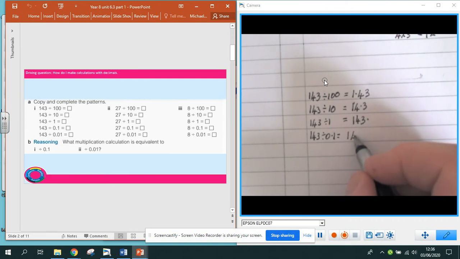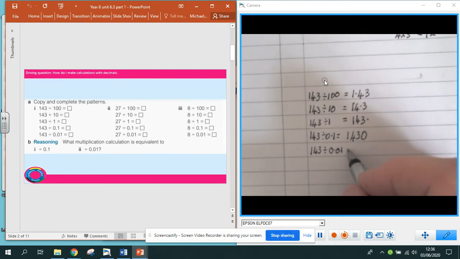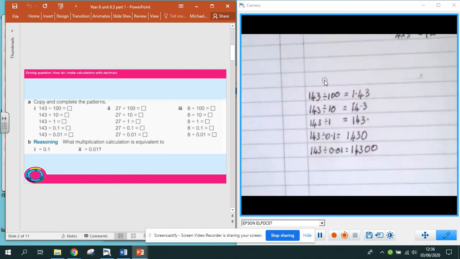So I'm going to have 143, then a place, then a decimal point. To show that there's something in between, I've put a 0. And then for the last one, 143 divided by 0.01, it's going to move over another place. So that's going to be 1, 4, 3, 2 zeros.